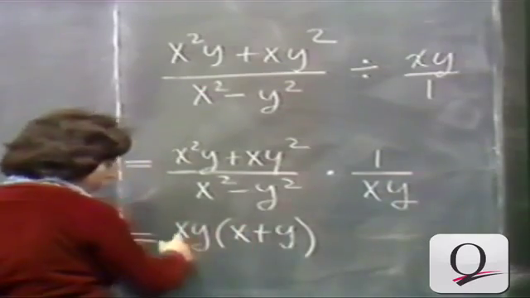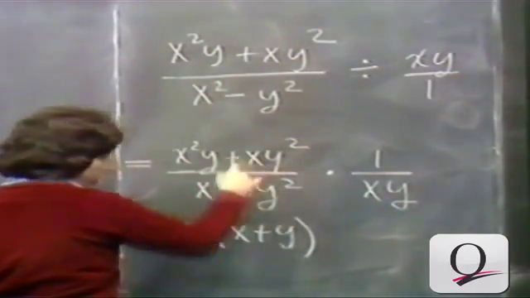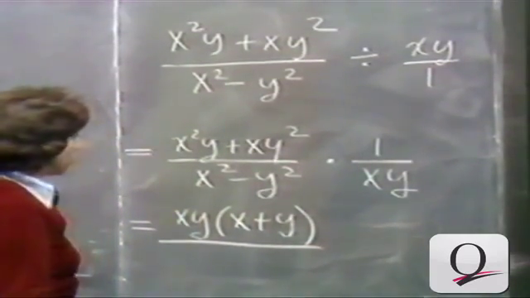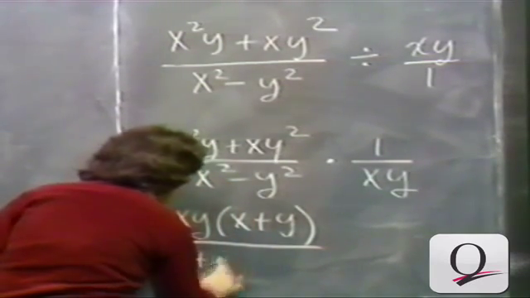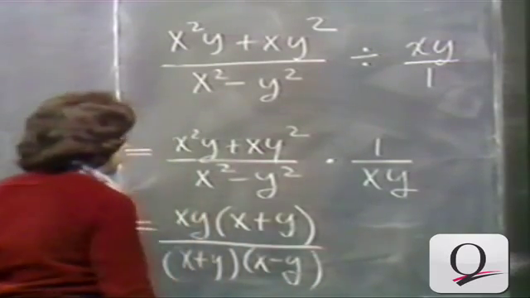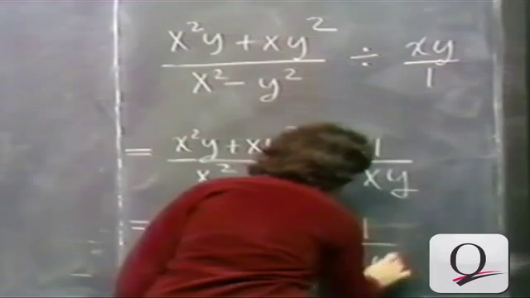When you multiply through, you get x squared y plus xy squared, which is, of course, what you had there. X squared minus y squared, the difference of two squares here, factors into x plus y times x minus y. This times 1 over xy.